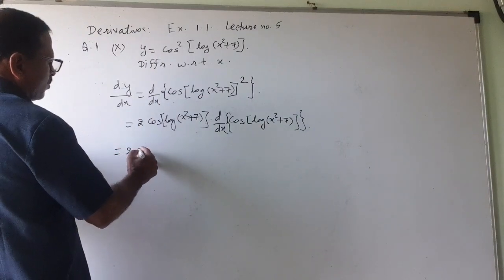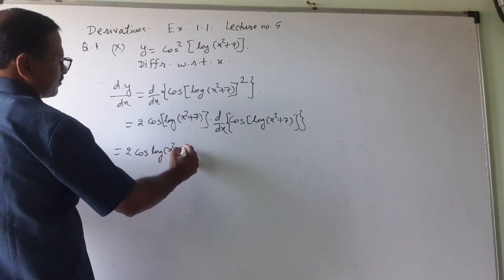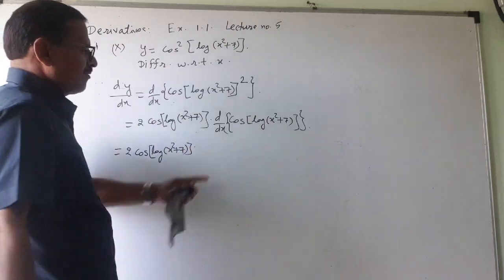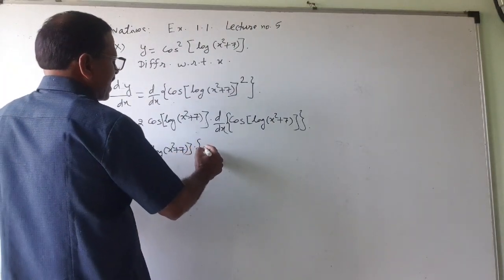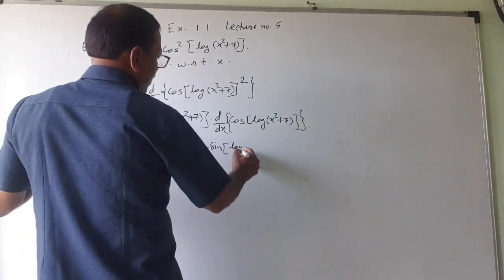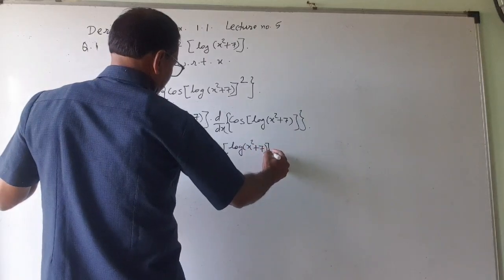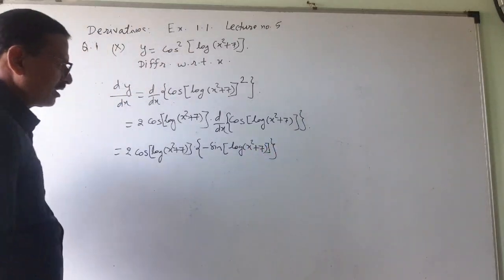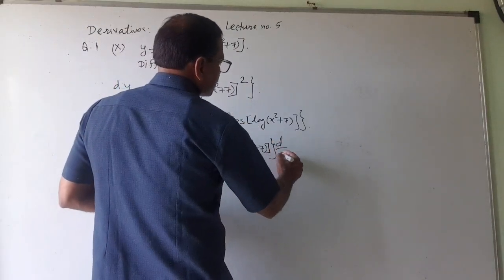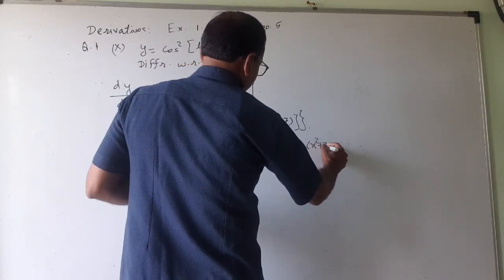That is equal to 2 cos of log of x square plus 7 into derivative of cos is minus sine. What is the angle? Angle is log of x square plus 7. Derivative of this is one, now the derivative of this into d by dx of log of x square plus 7.